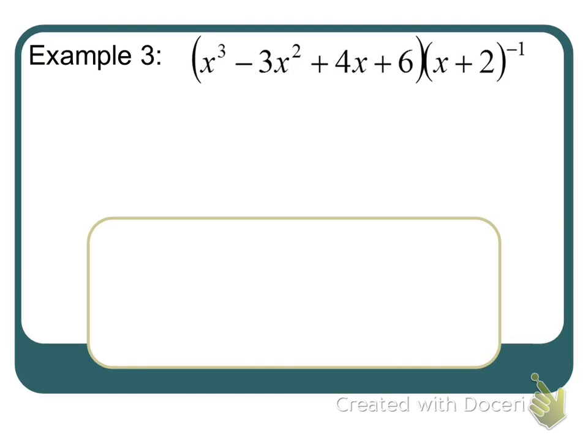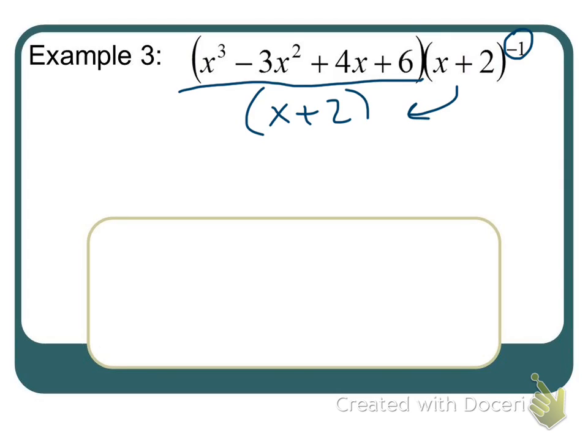All right. Now we're dividing x cubed minus 3x squared plus 4x plus 6 by x plus 2. Why is that division? Because it has a negative 1. Because this negative 1 exponent is equivalent to saying that this whole term is moved underneath as x plus 2 to the positive 1, right?